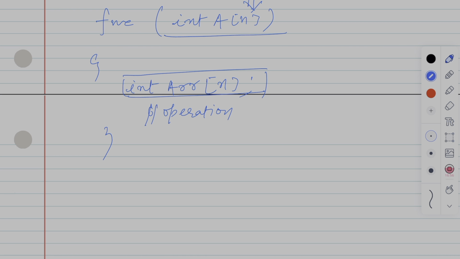So that's why we can see that the space complexity that we are using is big O of n. Because the size of the internal ARR array is dependent upon the input size, we need to consider this as extra space, and we can say that the space complexity of the algorithm is big O of n.